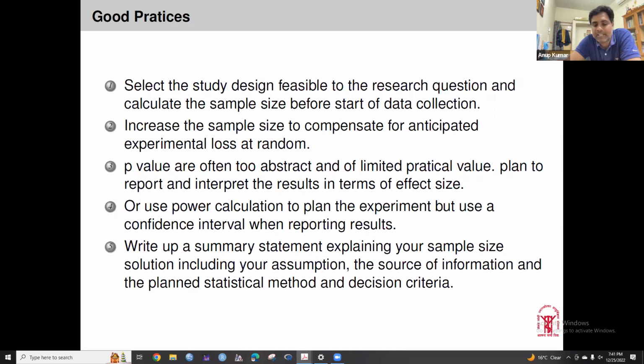Write up the summary statement explaining your sample size solution, that you are putting the various values in calculating the sample size, sigma, delta. So you have to write down why you have chosen such value of delta. What are the resources from where you have obtained the value of the sigma, including your assumption and the source of information, and the planned statistical method and decision criteria.